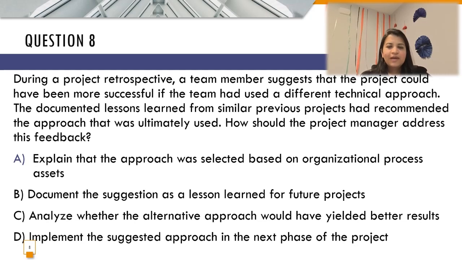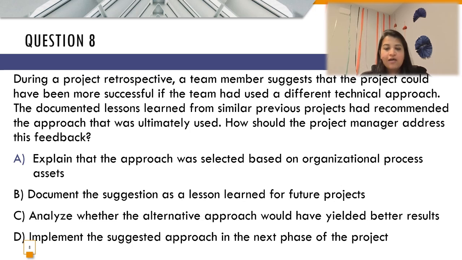Question number 8. During a project retrospective, a team member suggests that the project should have been more successful if the team had used a different technical approach. The documented lessons learned from similar previous projects had recommended the approach that was ultimately used. How should the project manager address this feedback?